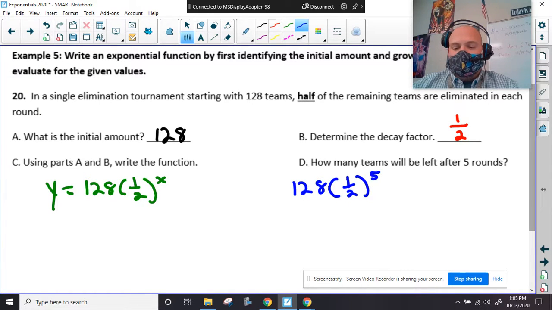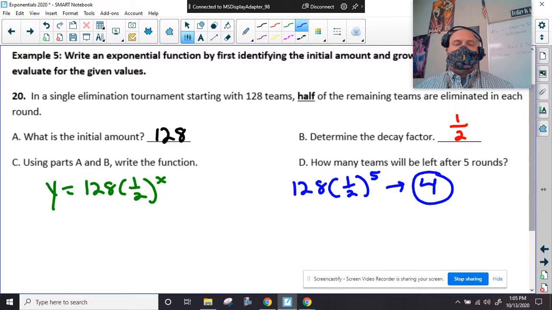I'm actually going to type it in the calculator as 0.5 because decimals exist too. All right, how many teams should be left after 5 rounds? Anybody? Huh? 4. Awesome.